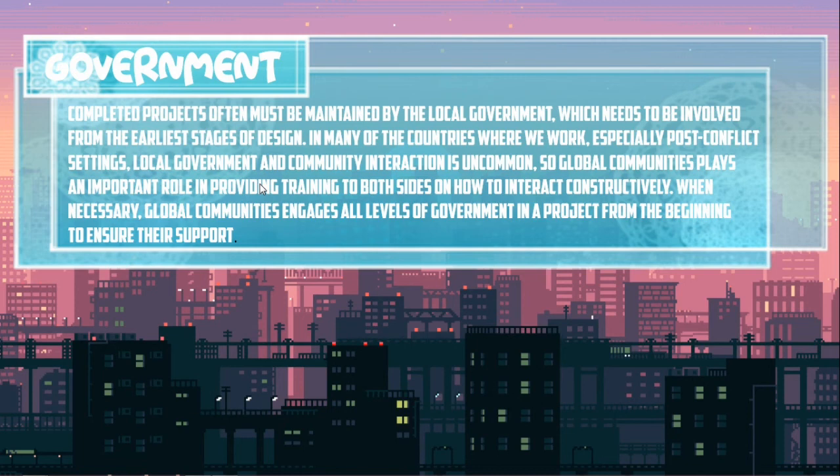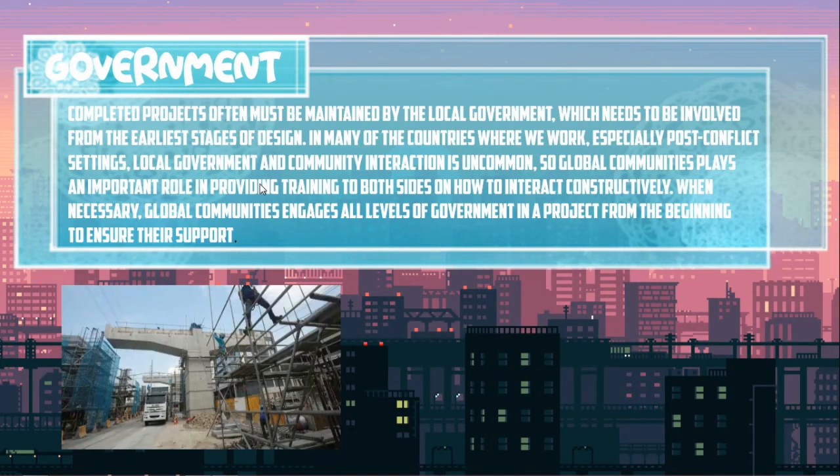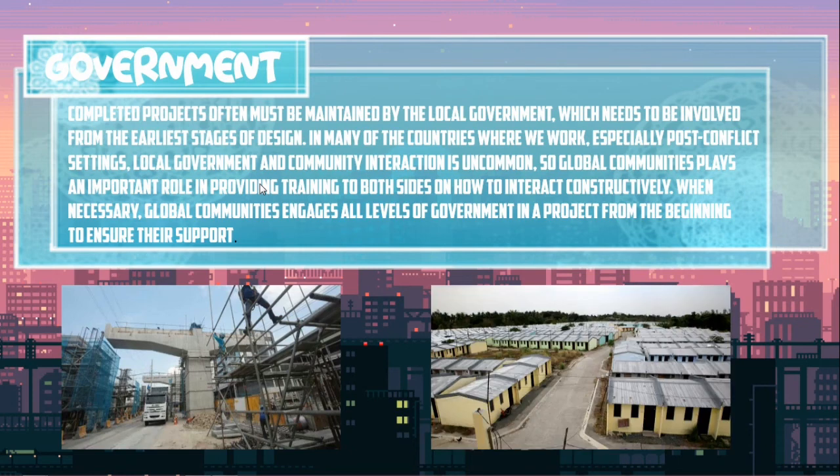When necessary, Global Communities engages all levels of government in a project from the beginning to ensure their support. The government must continue their monitoring and maintenance of all related projects in the community to continue the good progress of the organization.